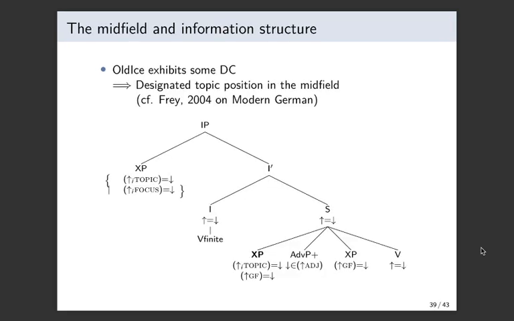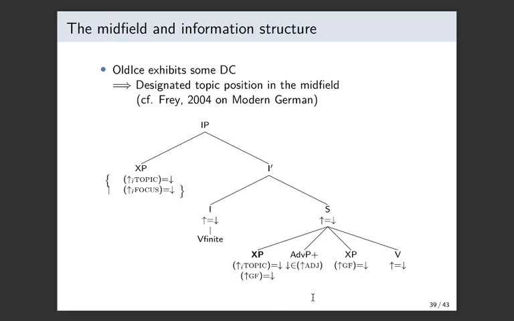Okay, so I think we've got some evidence here that Old Icelandic does exhibit some level of discourse configurationality. Namely that we have this designated topic position in the midfield, which I represent here.